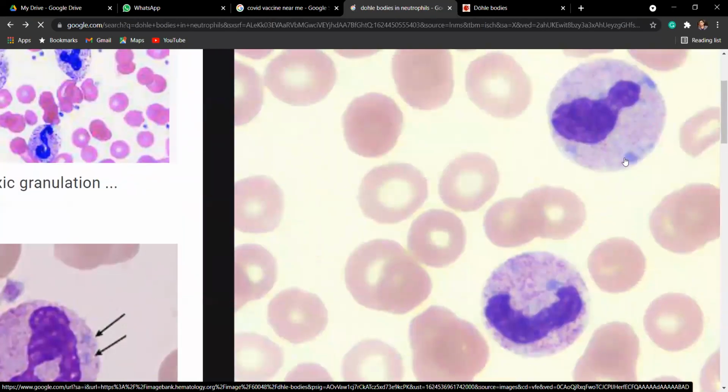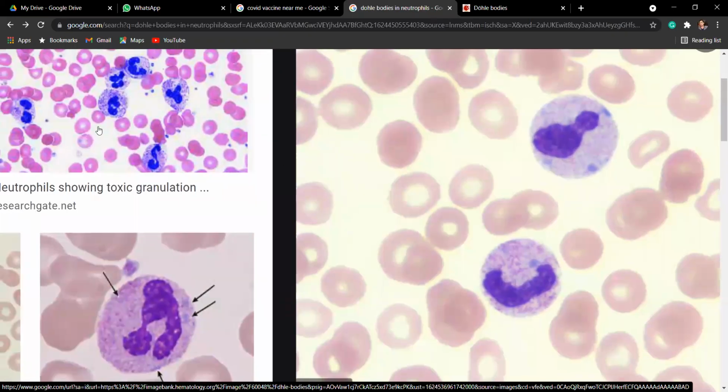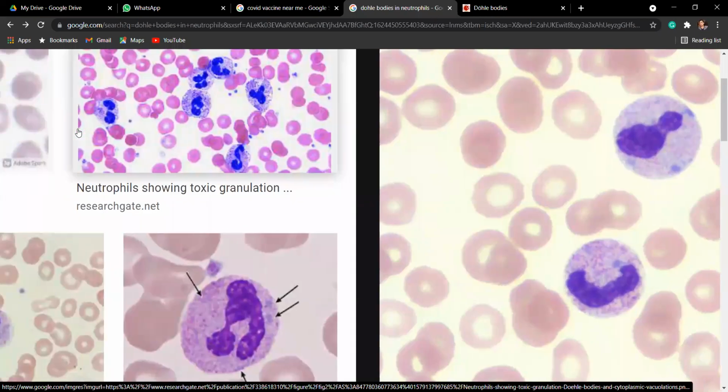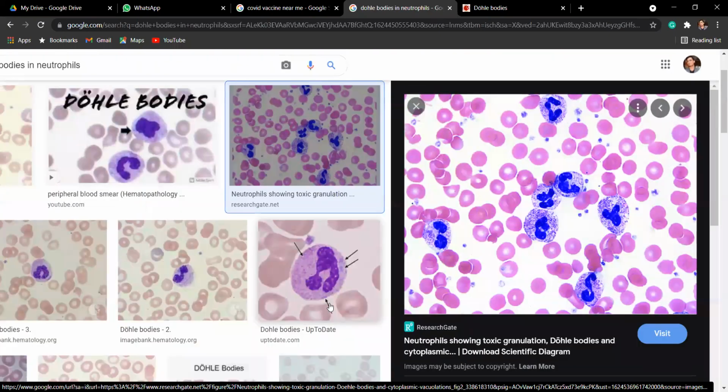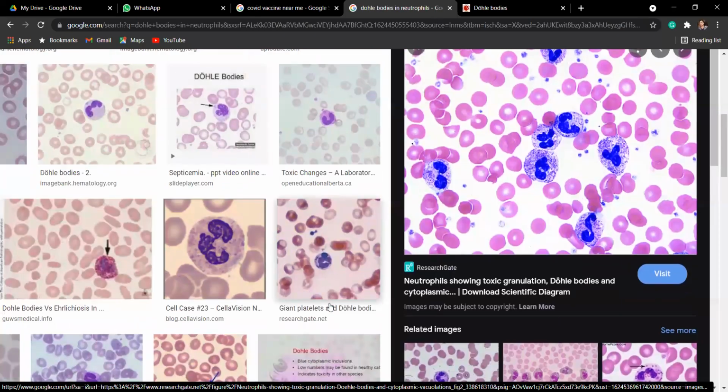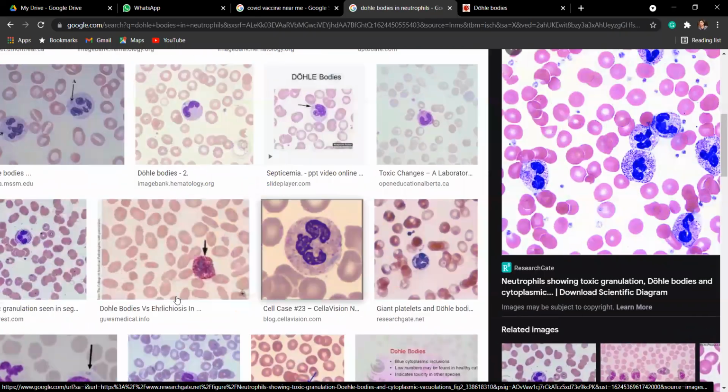They will ask you why these are basophilic: because of the presence of this RNA in the ribosomes, which gives them the basophilic color. And as you can see also, these are toxic granules in these neutrophils. These are all the signs of any acute infection in the body. And these pictures can also show you the vacuoles.